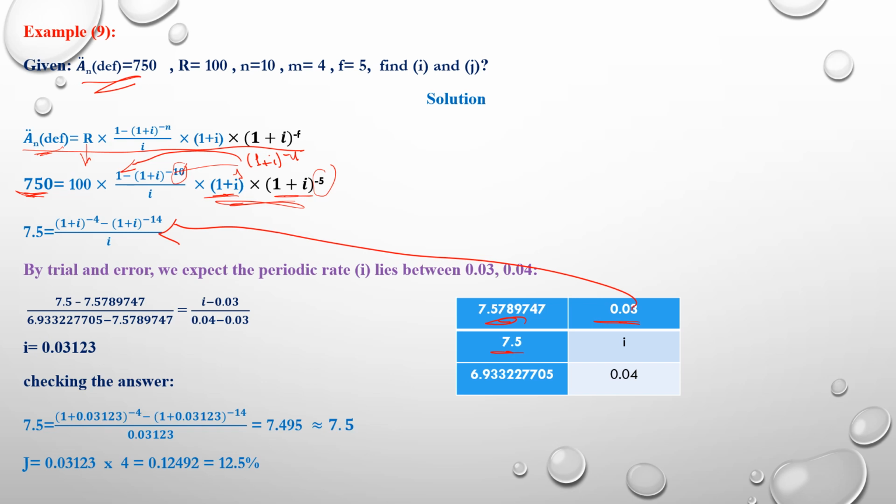We need exactly 7.5, and by substituting i with 4%, we get this amount.